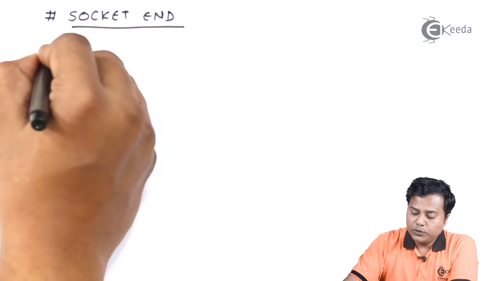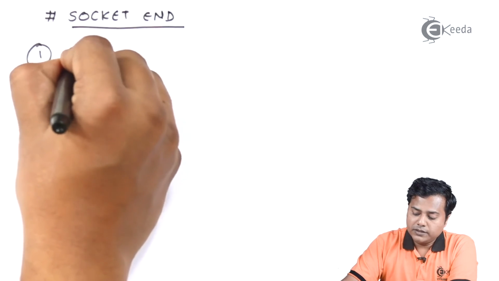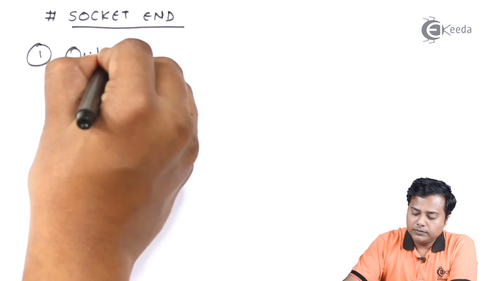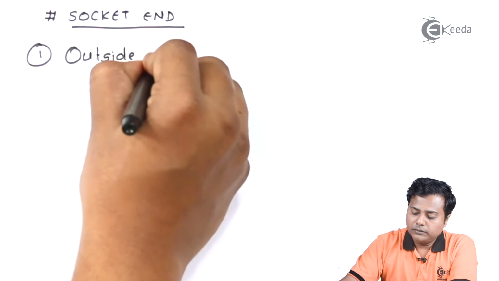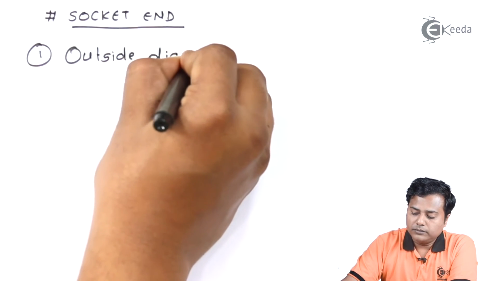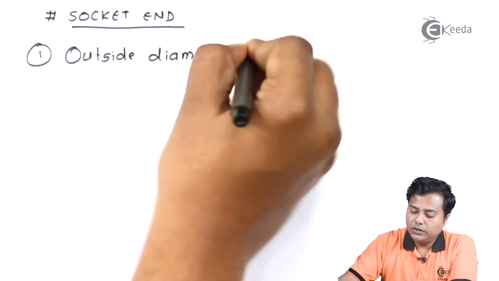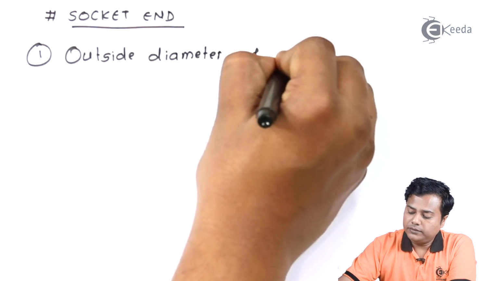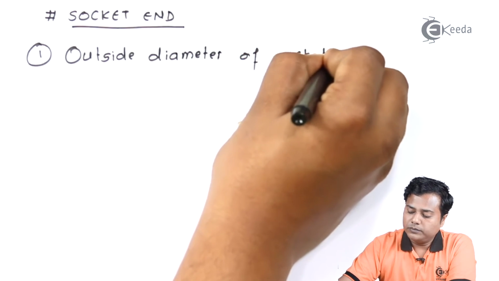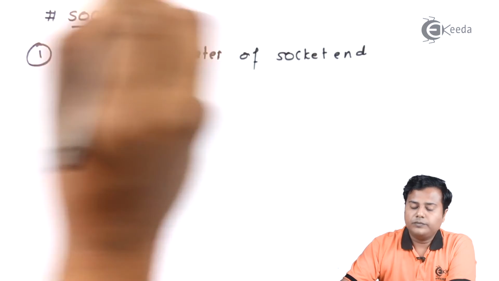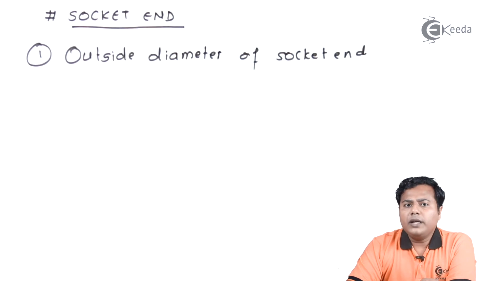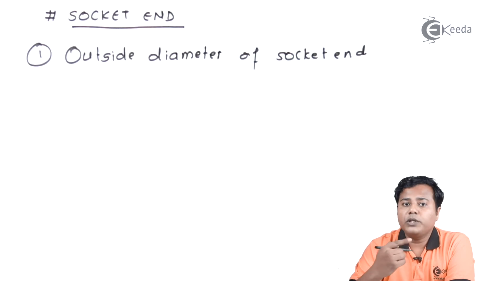So it is outside diameter of socket end. Why outside diameter is important, because we know that in socket end there is going to be a hole, and that's why we need to consider the outer diameter and the inner diameter.